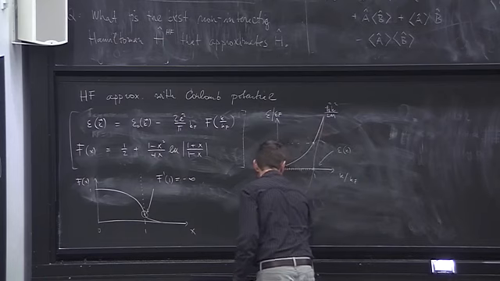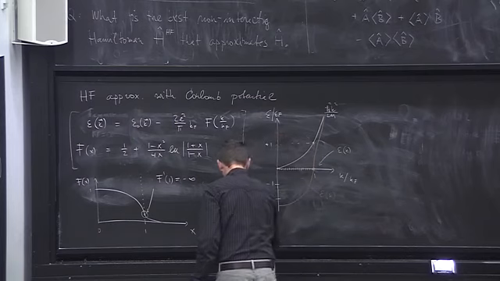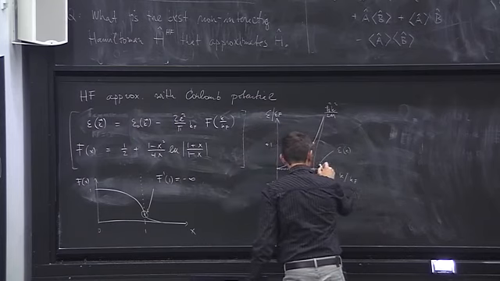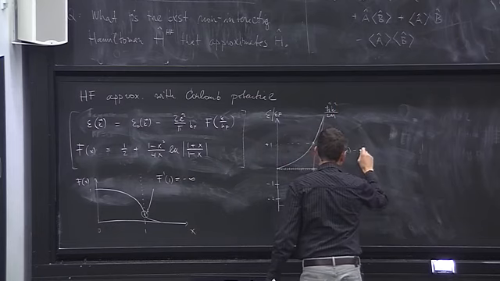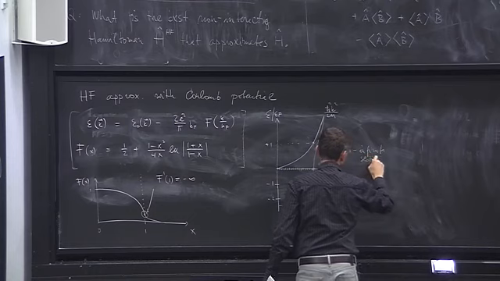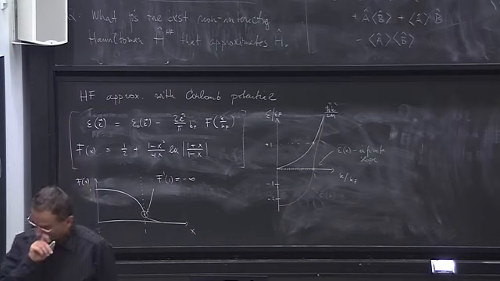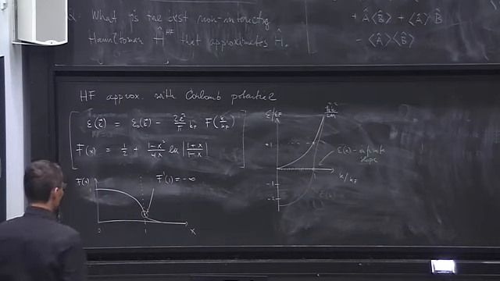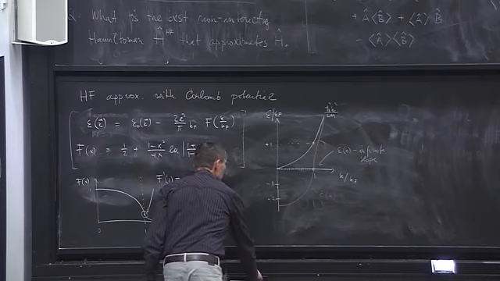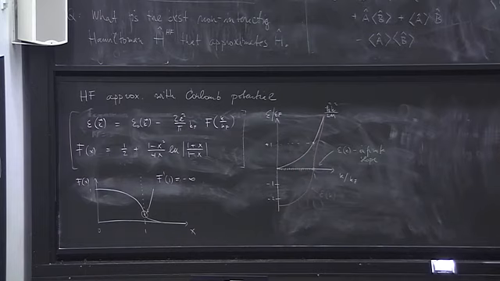What I'm plotting here is the full epsilon k, whereas this one is the non-interacting one. And at this point here, epsilon k has infinite slope. An infinite slope at the Fermi level, that's a very bad thing, right? Among other things, that implies that the Fermi velocity is infinite.